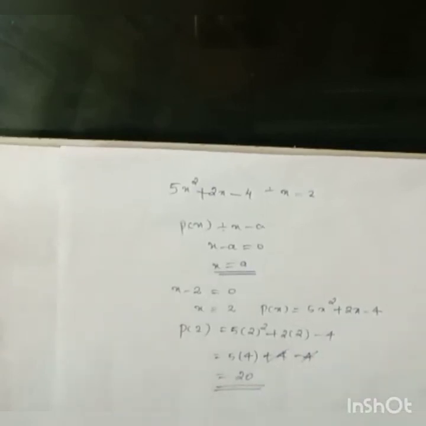The remainder is 20. When x equals 2, P of 2 is 20. You can use the long division method and verify that the remainder is 20. Using the remainder theorem, even without dividing, we have got the remainder.